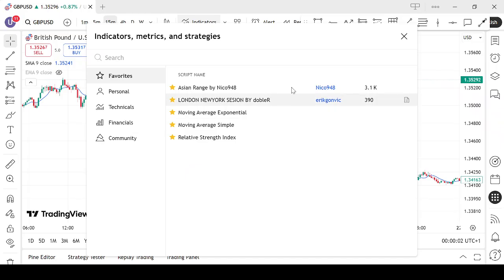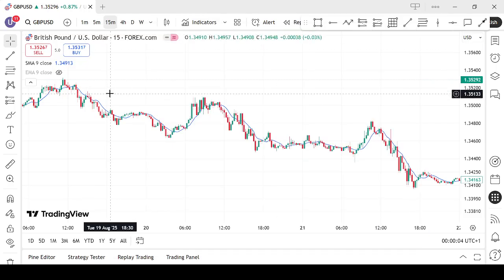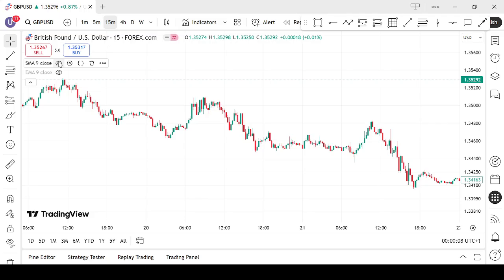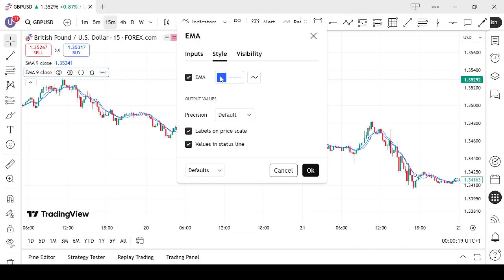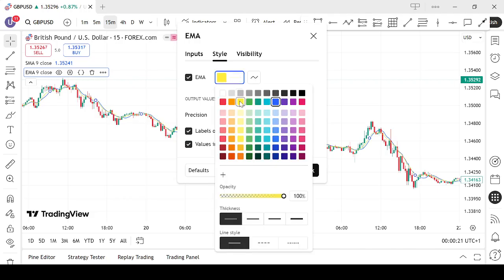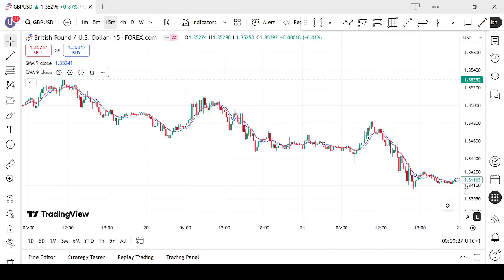Now, I'll show you the difference between these indicators. The two simple moving averages are on my screen. Let me change the color of the EMA. I'll make the EMA red, while the simple moving average would be blue, so that we would not be confused.